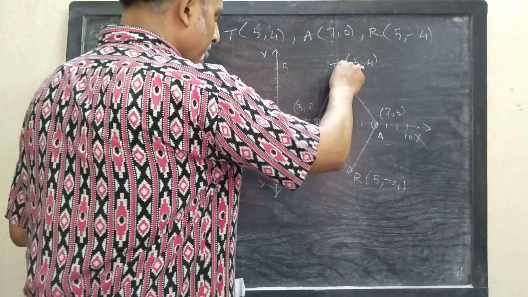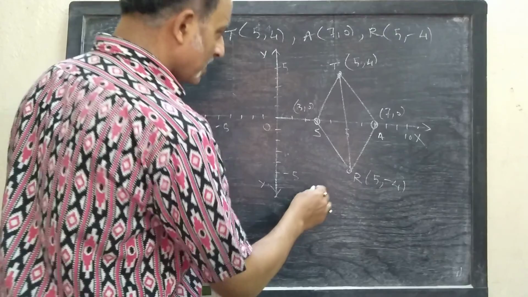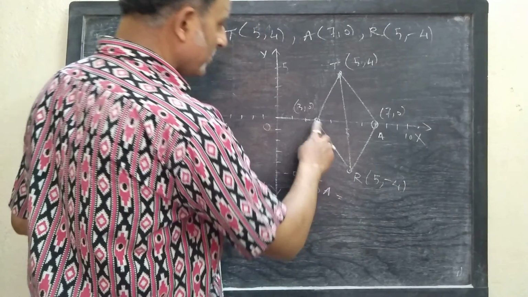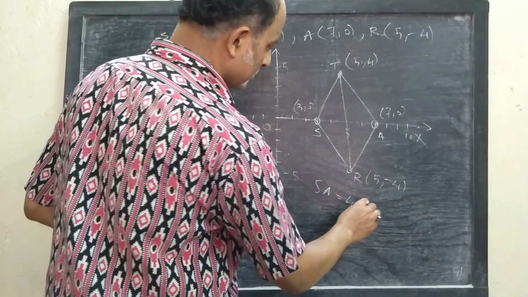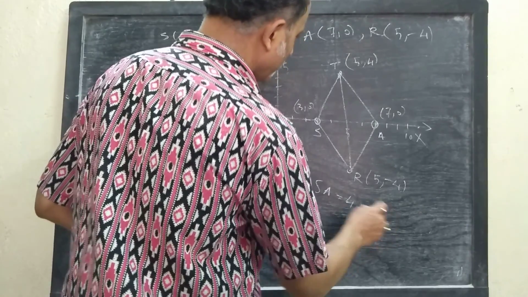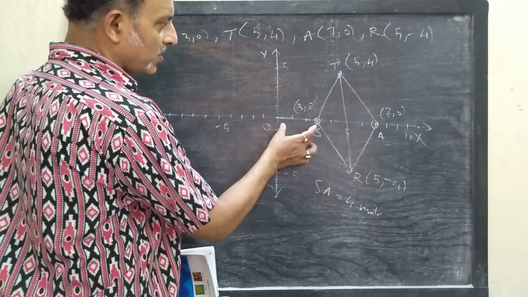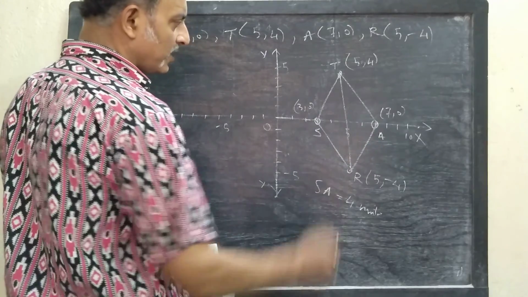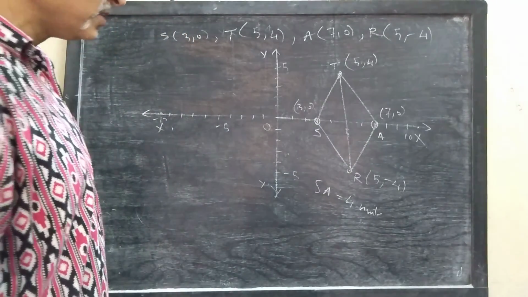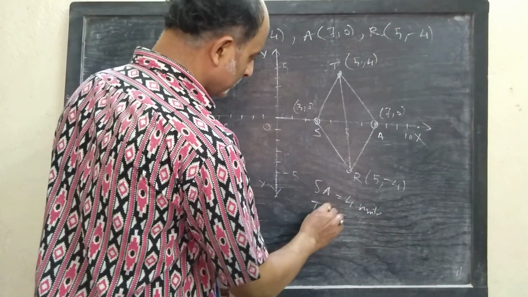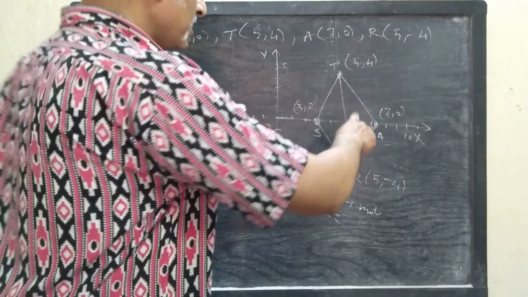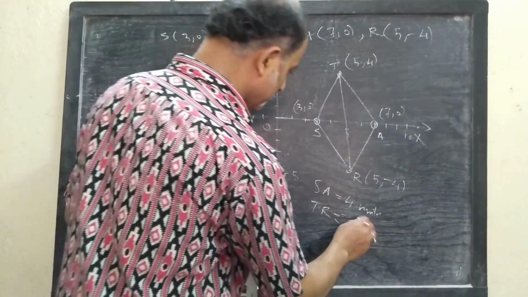So, its diagonals are of length: SA will be of length 4 units. How do we get 4 units? Look, OS is 3 units, OA is 7 units. So their difference, 7 minus 3, is 4 units. Now TR. TR is how much? 4 plus 4, 8 units.